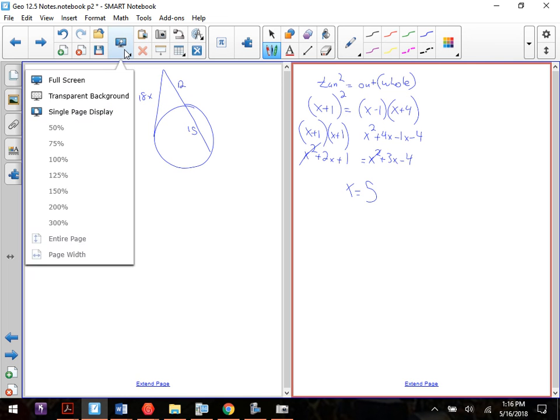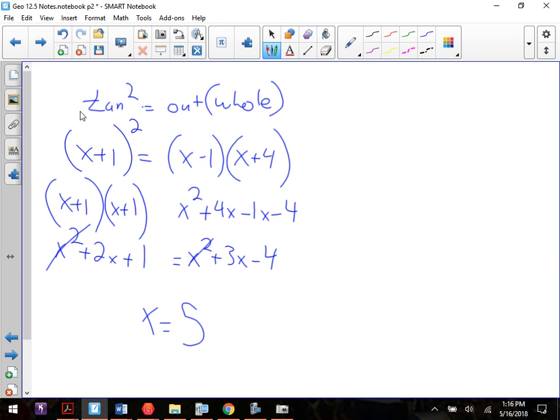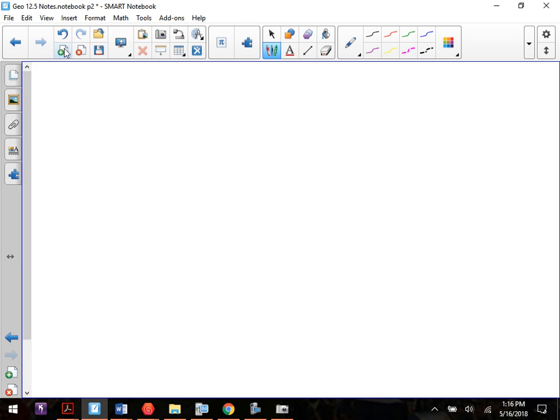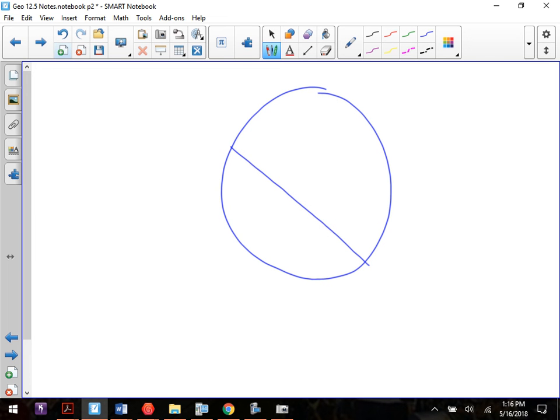Your inside angle, let me go back here. Your inside angle is when you have something like this. The inside angle is half the arc plus the arc. The arcs are the ones that it hits.